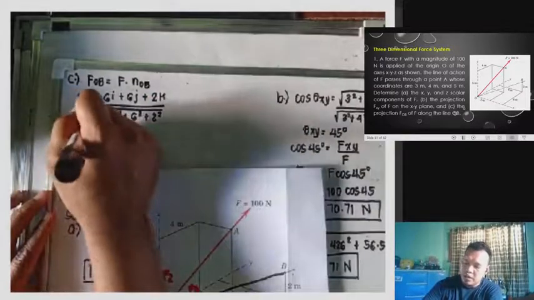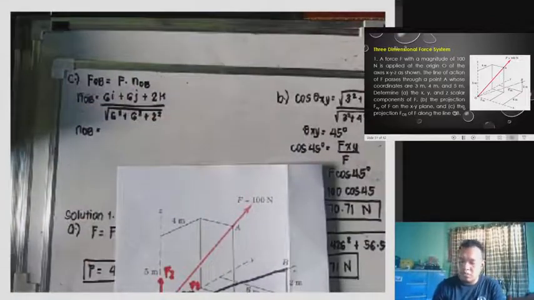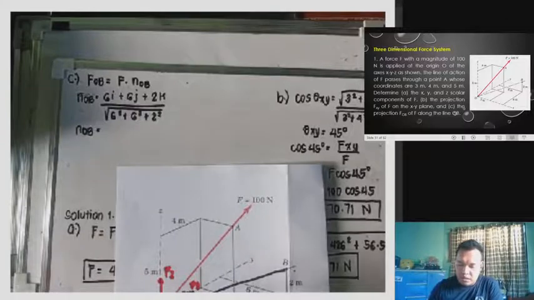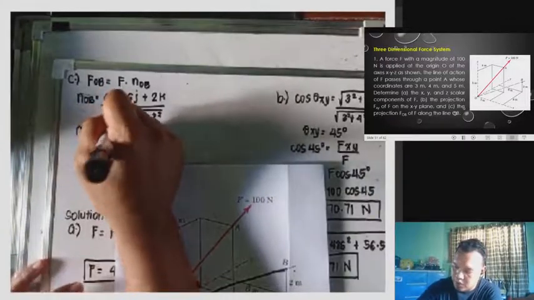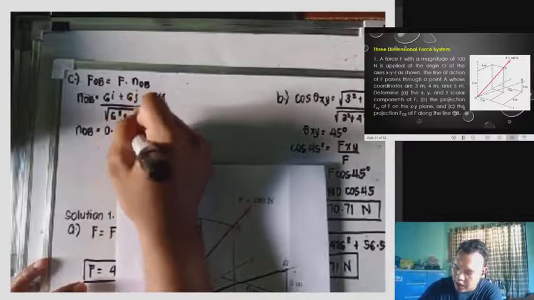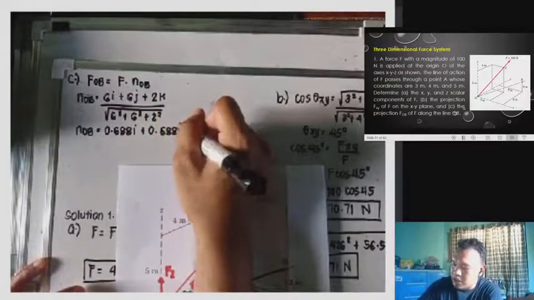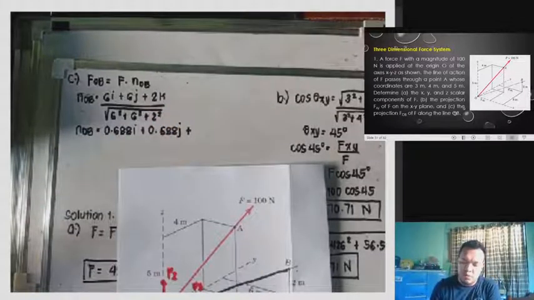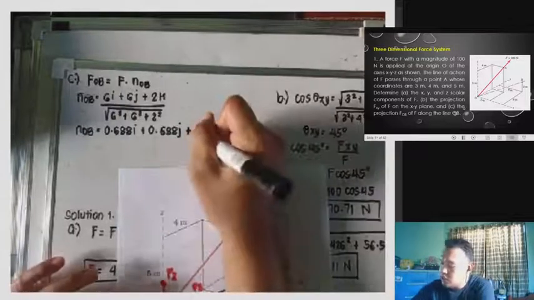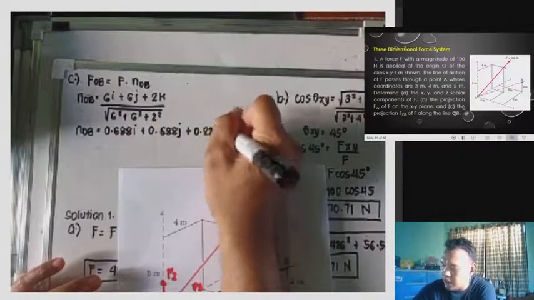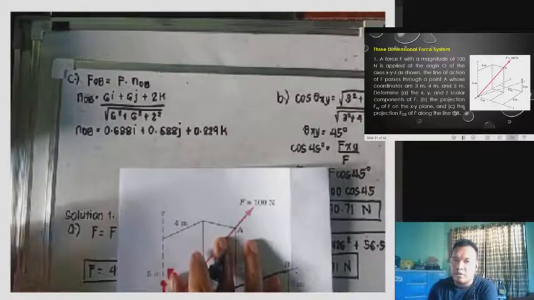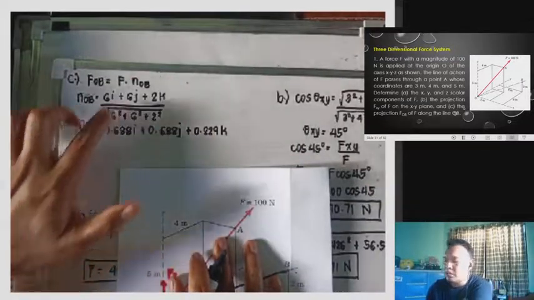Therefore, NOB is equivalent to, first the 6: 6 all over the square root of 6 squared plus 6 squared plus 2 squared, which is 0.688i plus 0.688j plus 2 over the square root of 6 squared plus 6 squared plus 2 squared, which is 0.229k.